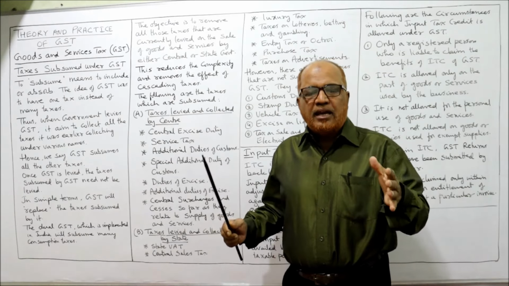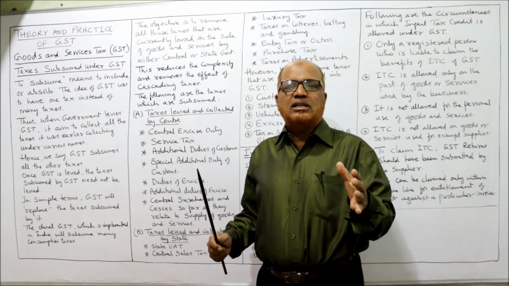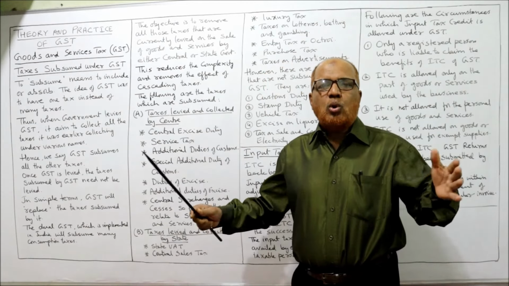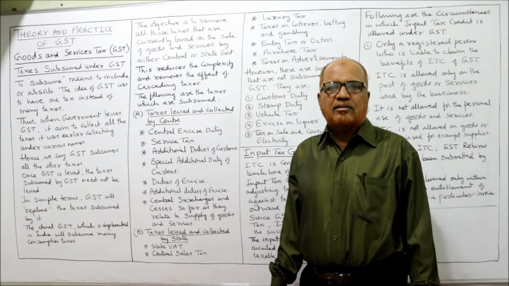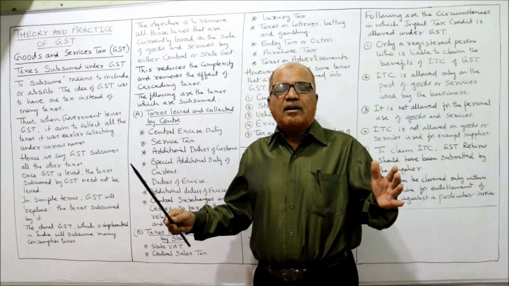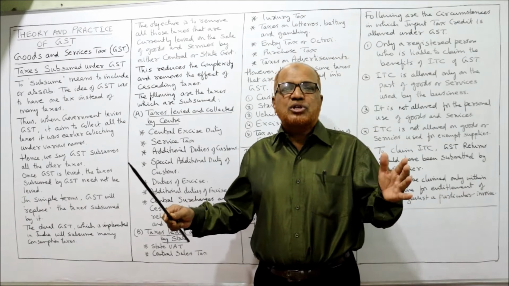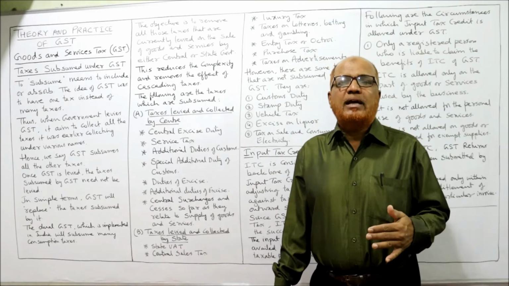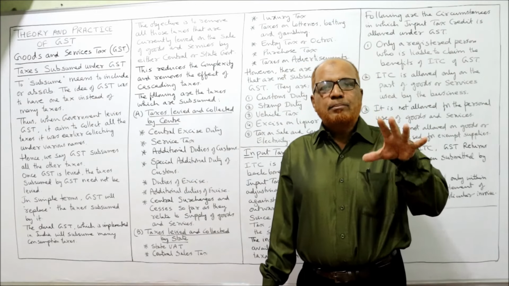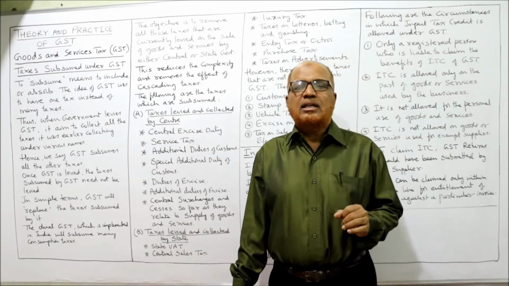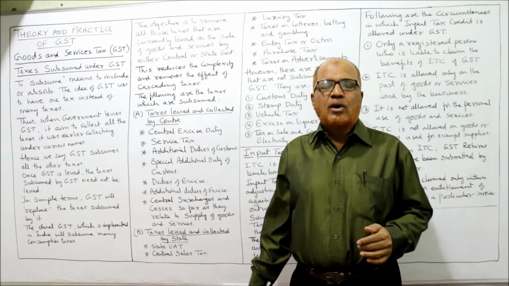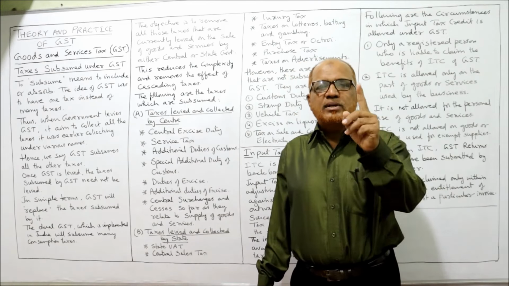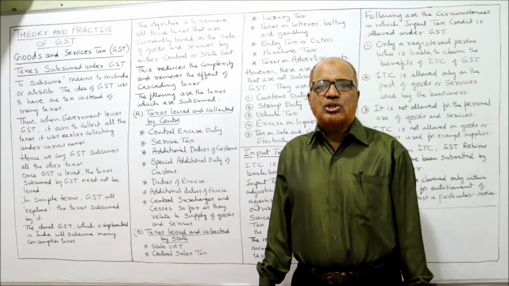The main aim of GST is, instead of so many different types of taxes, so many different rates, so many different provisions and exemptions, the tax system was very much complicated earlier. To simplify the tax procedure, the government has clubbed all other taxes into a single tax called GST.